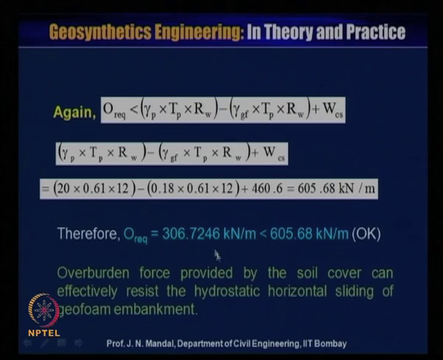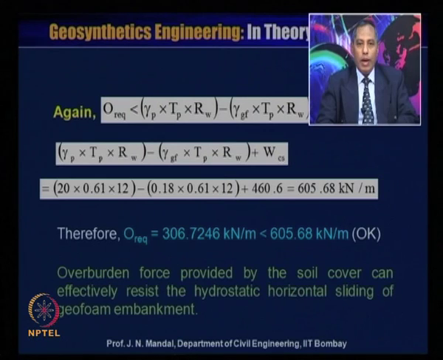Again, O required is less than gamma P Tp into Rw minus gamma Gf into Tp into Rw plus W of Cs.